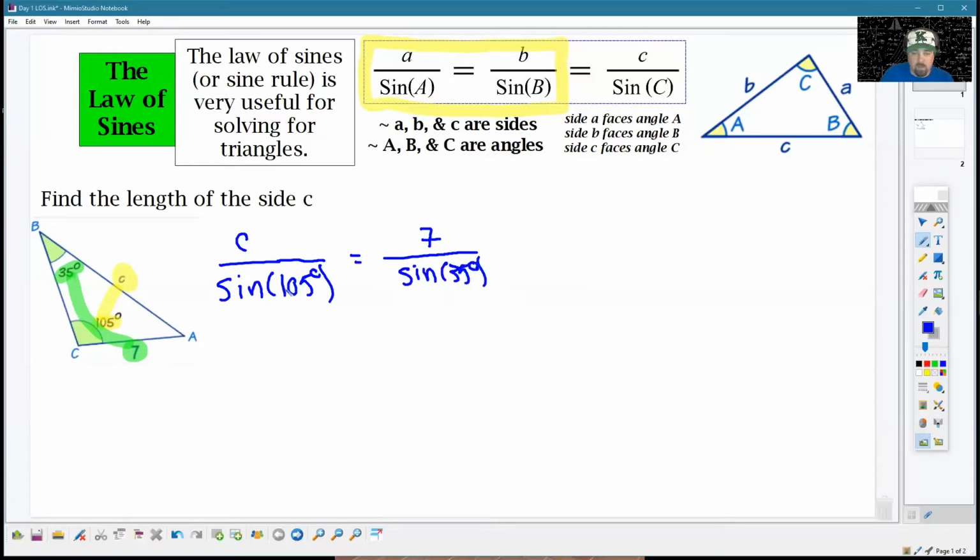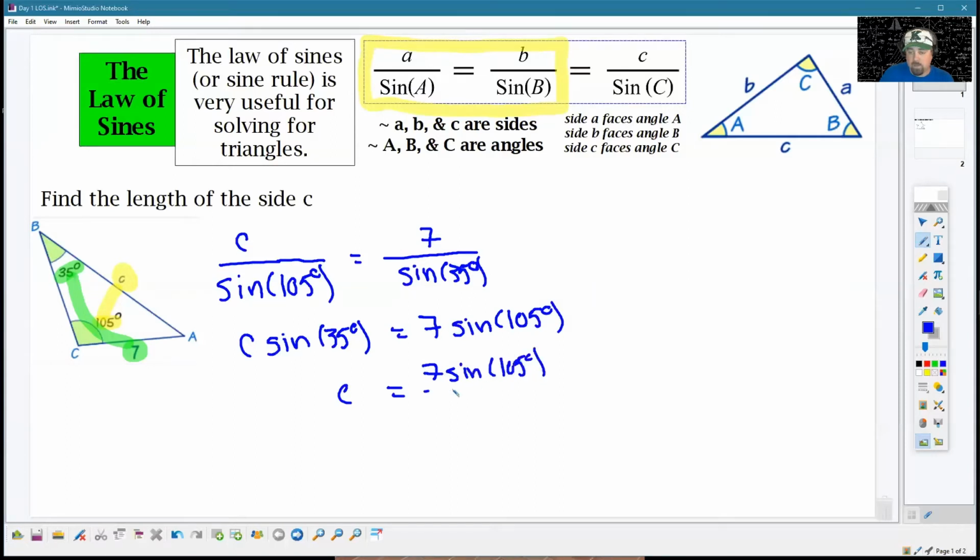And once we get this set up where it's a proportion, we're going to use cross multiplication and we're going to solve. So C times the sine of 35 degrees is equal to 7 times the sine of 105 degrees. So therefore C is going to be 7 sine of 105 divided by the sine of 35.